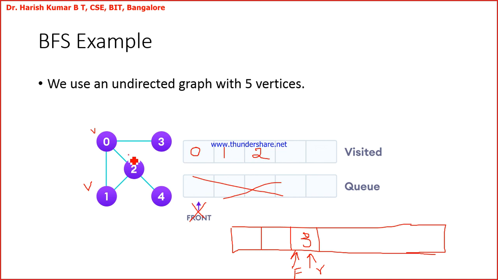So the next node to visit is 3, and it is not yet visited. I visit 3, and next I go for adding the unvisited nodes which are adjacent to 3 to the queue, but there is no unvisited node adjacent to 3. 0 is already visited. Now this is also removed.